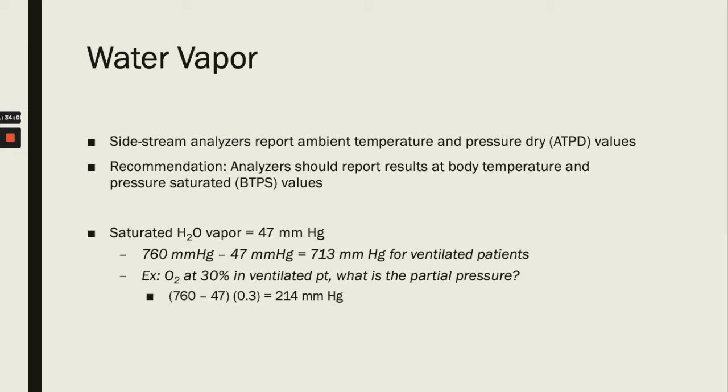Our ventilated patients' total gas pressure starts at 713 millimeters of mercury. So if you wanted to calculate the partial pressure of O2 in a patient that is 30% oxygen, you would make sure from the total pressure of 760, you subtract the 47.